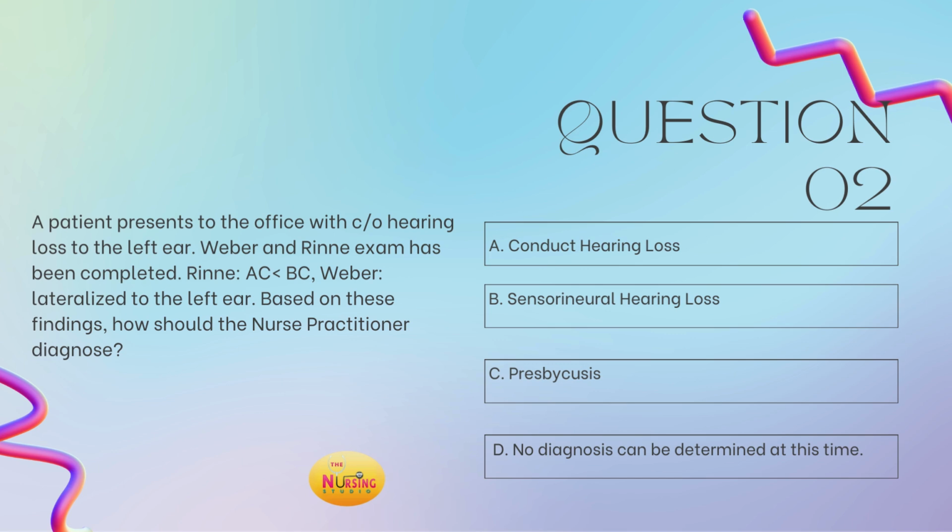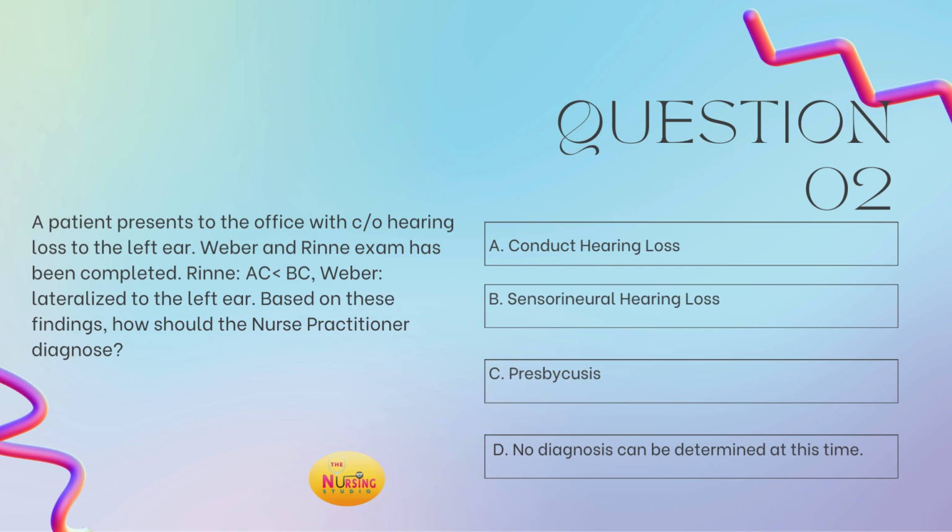All right, so stem of the question here, based on these findings, how should the nurse practitioner diagnose? So again, you want to run it back and look at those assessment findings. So the patient comes in, they're complaining about hearing loss to the left ear. Again, Weber and Rinne is conducted because this is what we do. If somebody's complaining of hearing loss, of course, you want to look in the ear, but you also want to assess hearing loss with the common utilization of the tuning fork with Rinne and Weber, right?